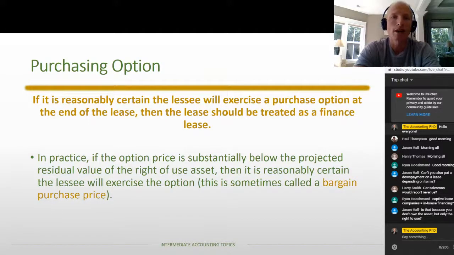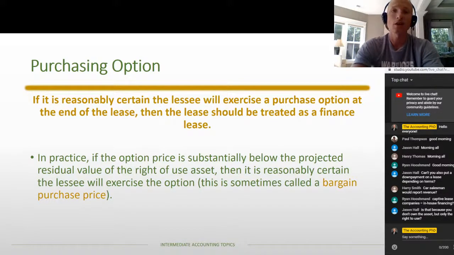Let's say that when the company signs a lease, they project that the asset is going to be worth, let's say, $15,000 at the end of the lease. And let's say that they have an option to purchase the asset for $1,000 at the end of the lease. Well, that $1,000 option is substantially below the projected residual value of the asset, so it is reasonably certain that the lessee is going to exercise that option, and therefore it should be a finance lease.